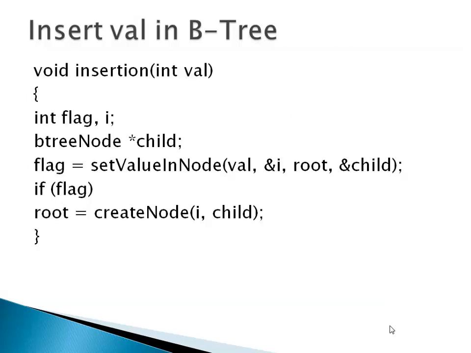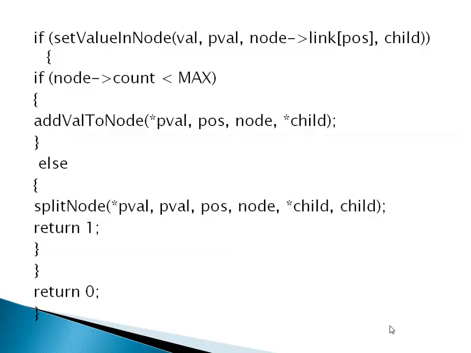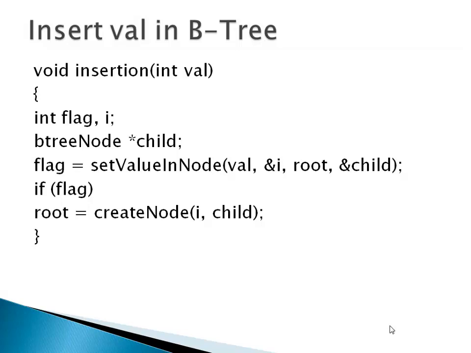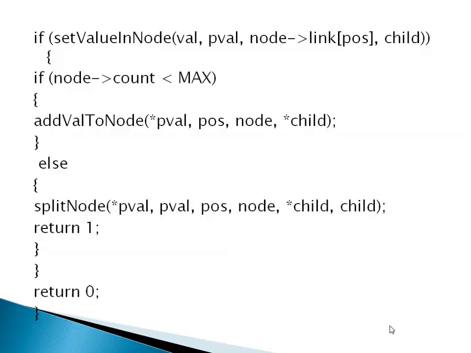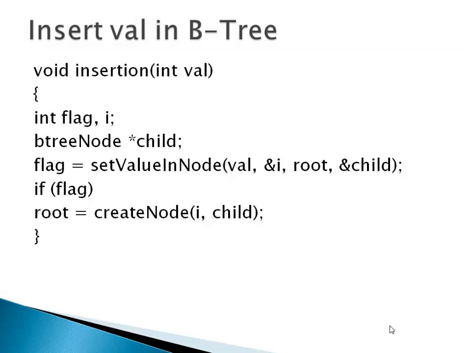In the case of a split node also it is going to return a value of 1, so it has to create a node. Otherwise, if the flag is 0, we have to add to the already existing node. So this is the insertion function of inserting values into the B tree.